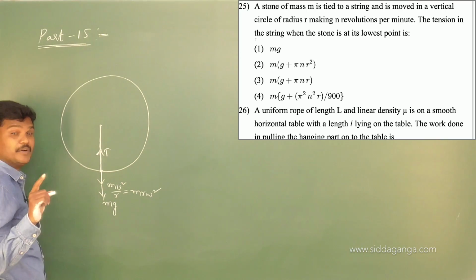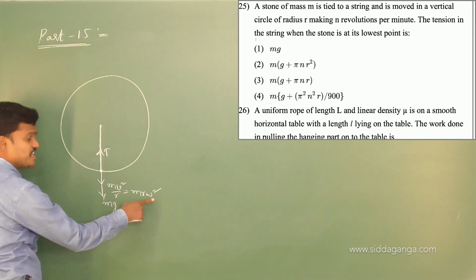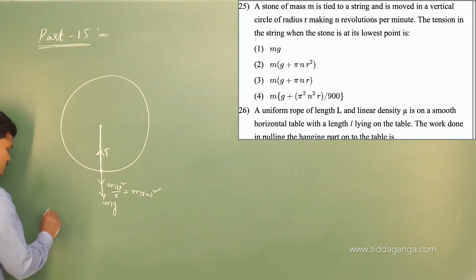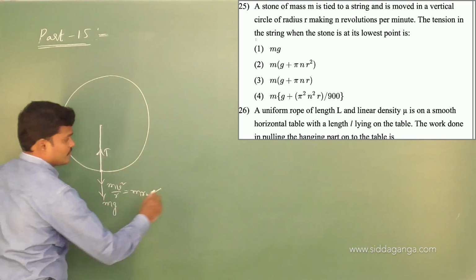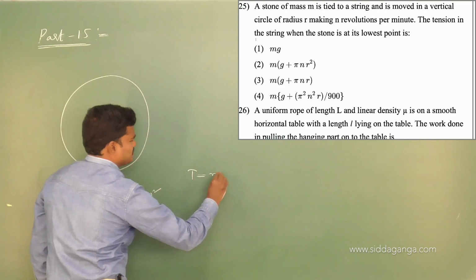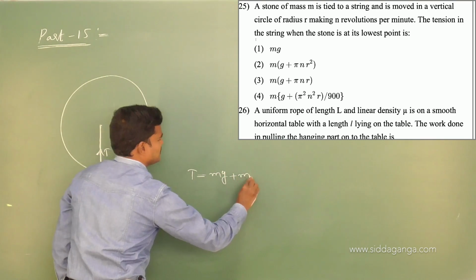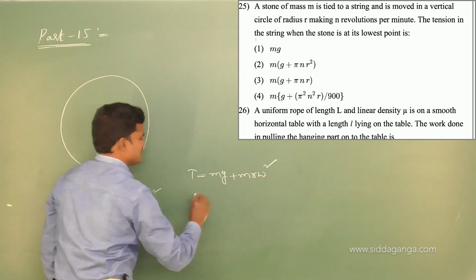But they have given revolutions per minute. Per minute means you have to change the omega value. So let me write one step here. T is equal to mg plus m r omega square.